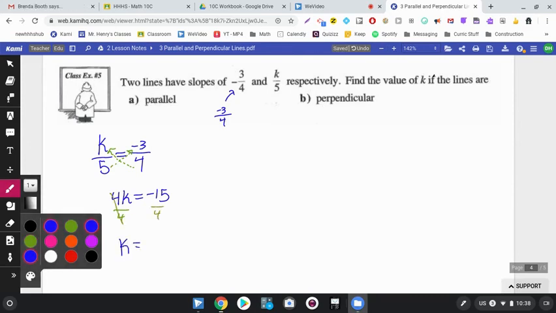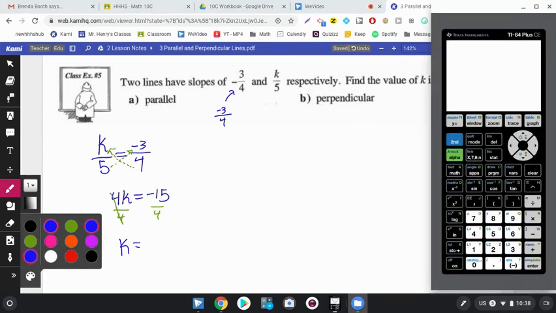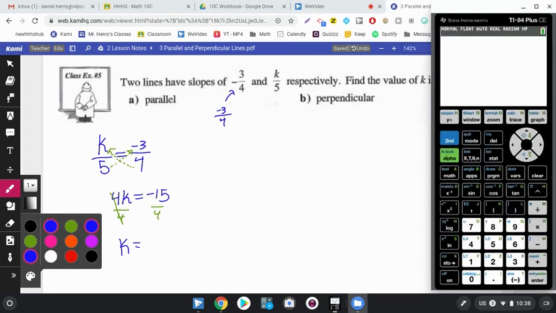K is equal to -15/4. That would be a fraction. Maybe we leave it as a fraction. Or maybe I just pull up my calculator and say 15 divided by 4, 3.75. And I know it was negative. There you go. K equals -3.75.